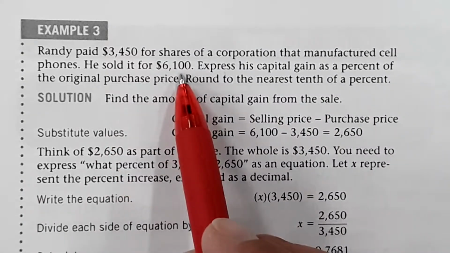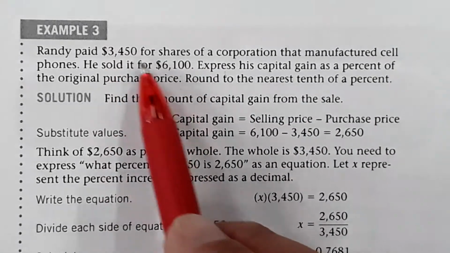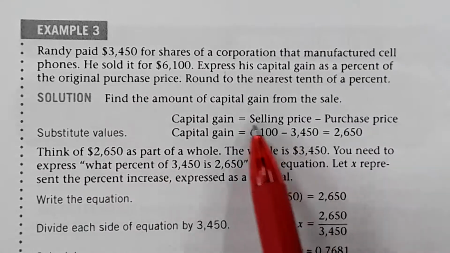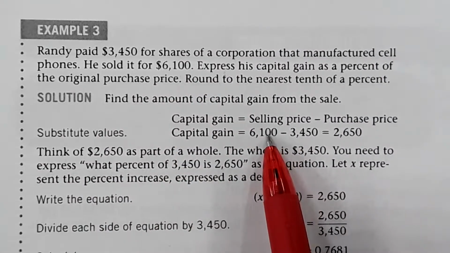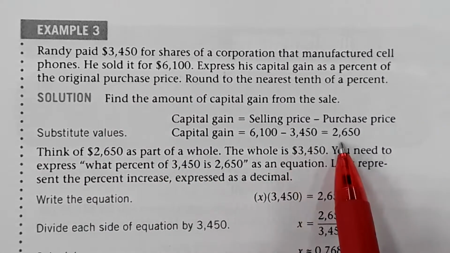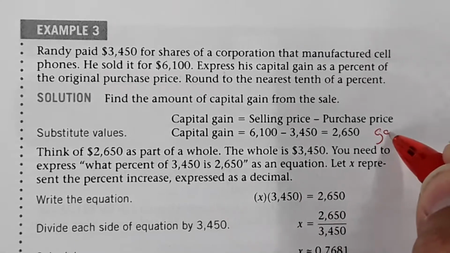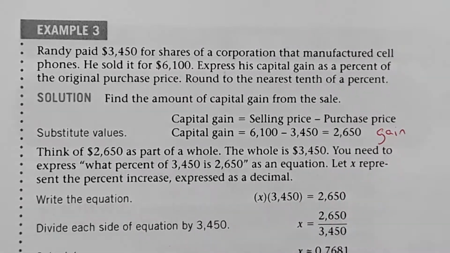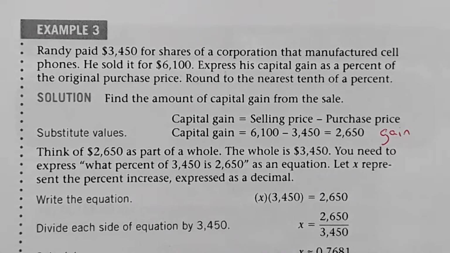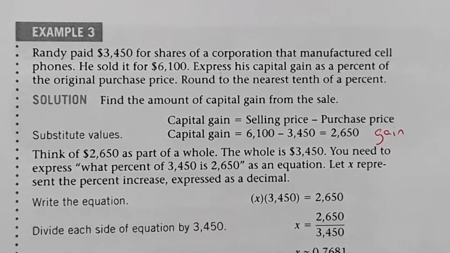Well, he sold it for this. He paid that, so he's got a capital gain. How much was his gain? Well, you do take what he sold it for minus what he paid for it. So this would be his gain in dollars. But that's not what it's asking us to find. It's asking us to find the percent of gain.